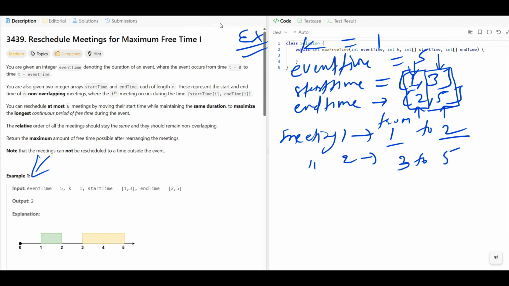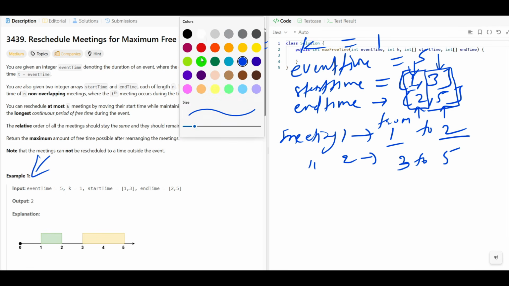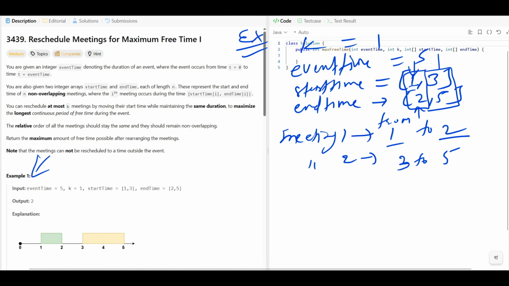Very easy. This becomes one meeting and this is the other meeting. That is why I am saying it starts at 1, ends at 2, starts at 3, ends at 5.